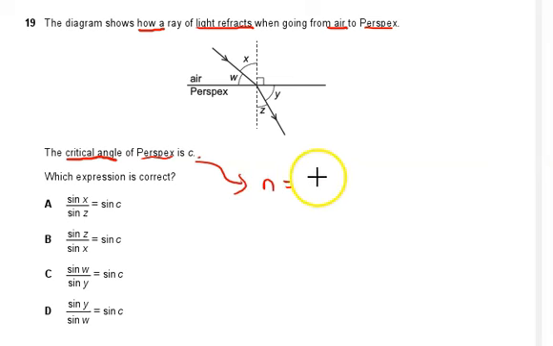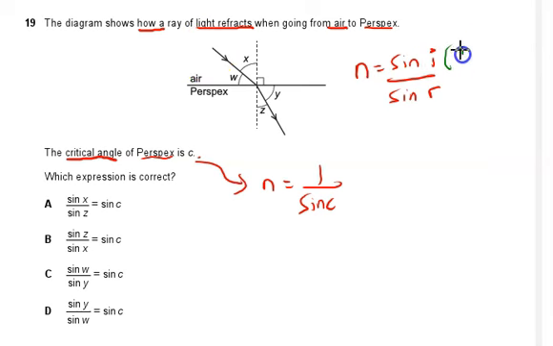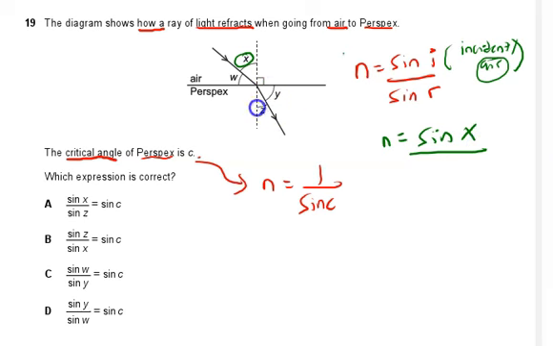Refractive index equals 1 over sine C. And the normal refraction angle is sine i over sine r. So the sine i here will be the incident wave or the air. We will give more importance to the air. So following this, we will have sine, so this is the X over Z.